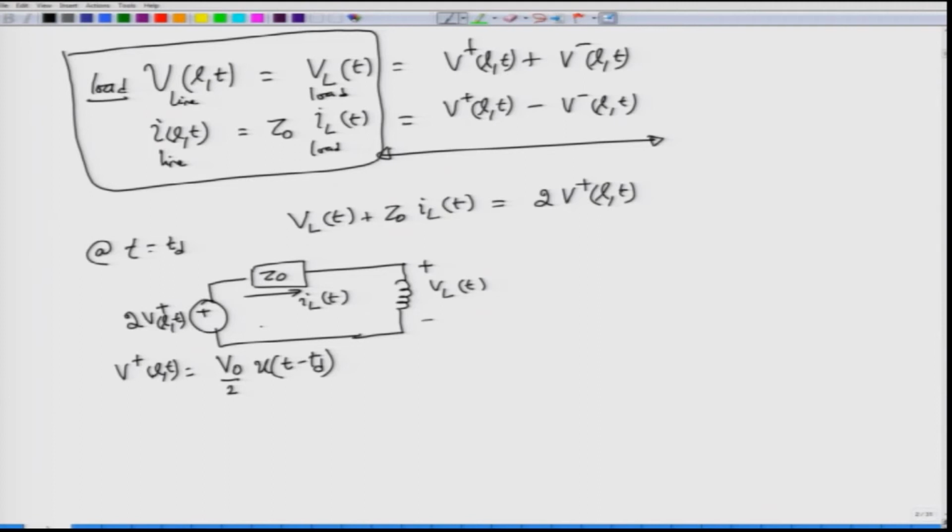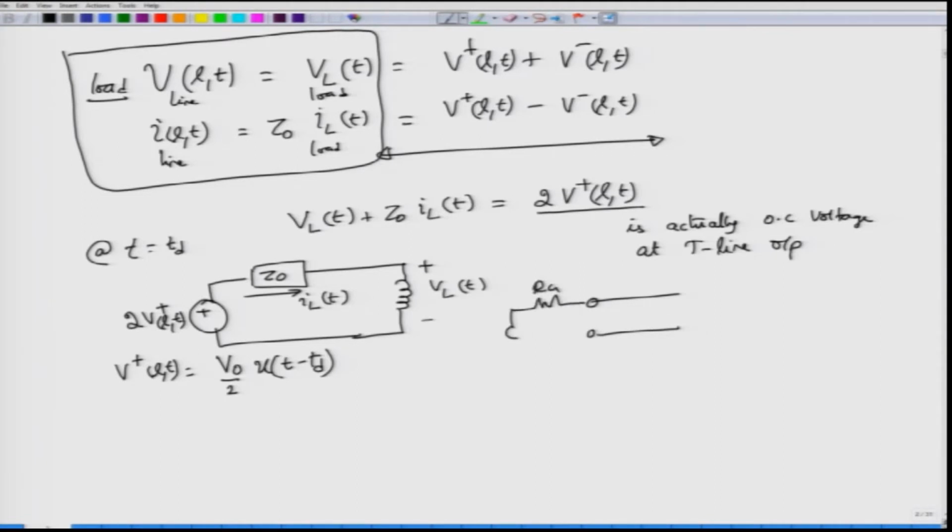Further, very curiously, this value of 2 V plus of L comma t is actually the open circuit voltage at the transmission line output, correct, because you take the transmission line over here and then connect this RG to whatever the VG that you wanted to connect here, right.